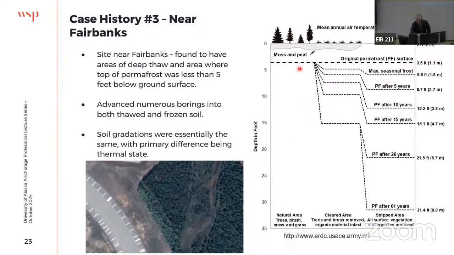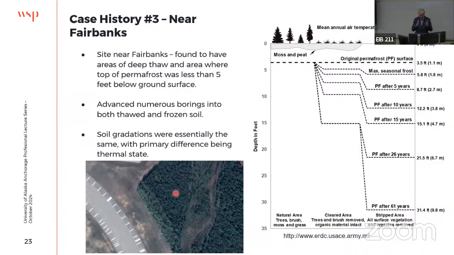And basically, what we found when we did our geotechnical exploration is we had a Linnell plot right here at this site where we had deep seasonal or deep thaw in the area that had been developed, and then permafrost was basically 5 feet below grade in the trees, right?